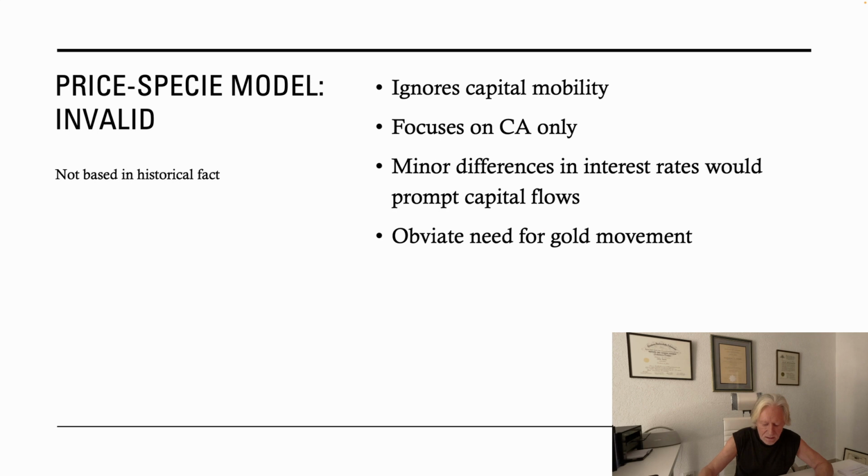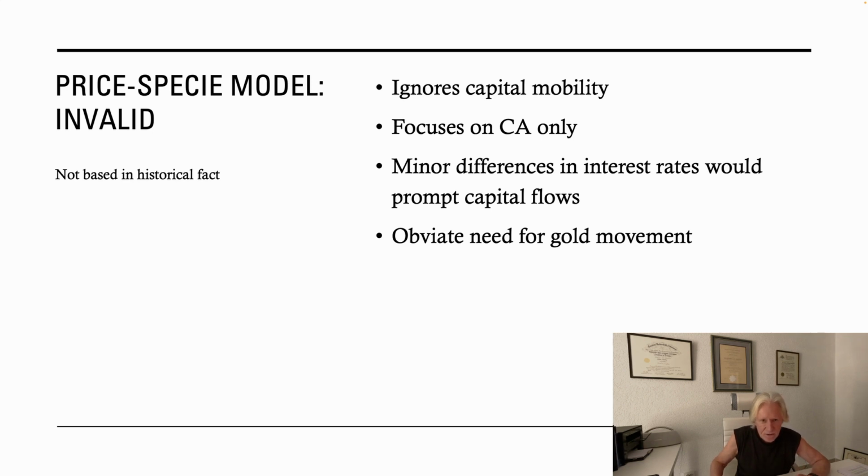But this is a completely oversimplified model of how the international gold standard worked, and particularly of monetary policy with respect to the gold standard. It wasn't automatic, as you read in so many textbooks. So what's the problem with this price specie model? It ignores capital mobility.